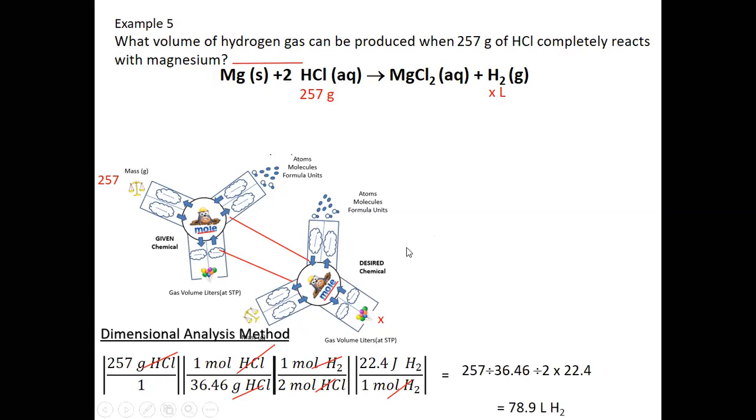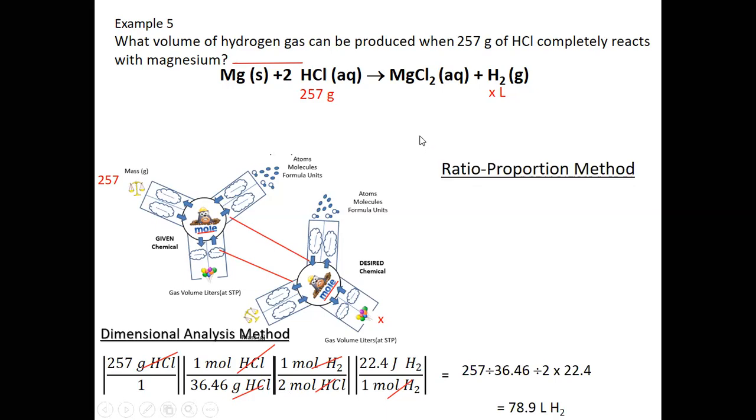Looking at the mathematics, 257 divided by 36.46. Notice I didn't multiply by 1, because if you multiply by 1, it doesn't really change anything. So we skip the ones when we're dealing with ones in dimensional analysis. We divide by 2, we multiply by 22.4, 78.9 liters of hydrogen gas.